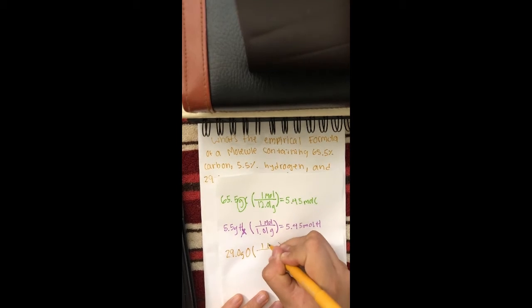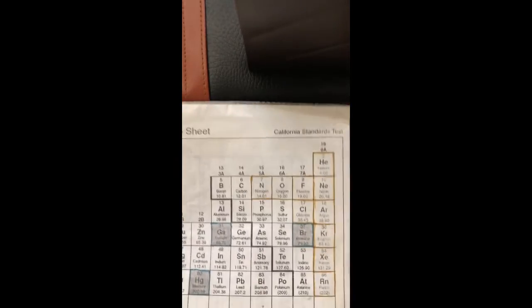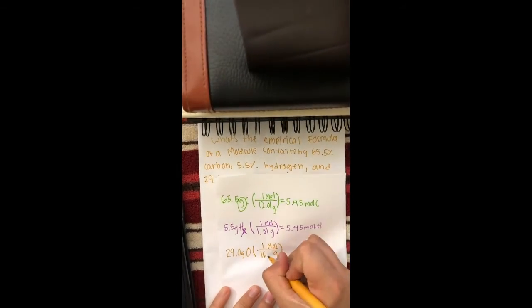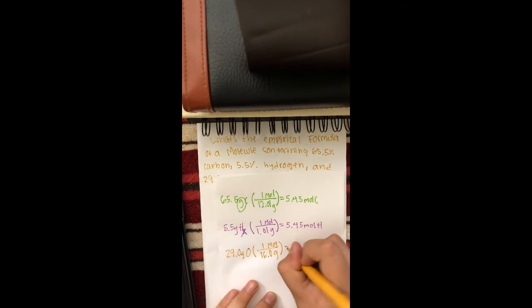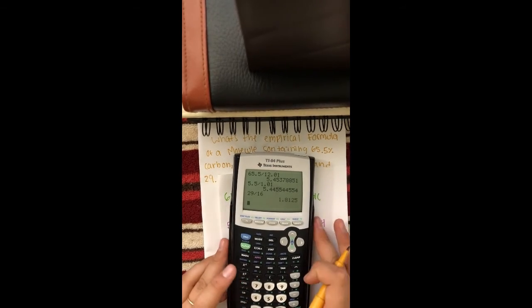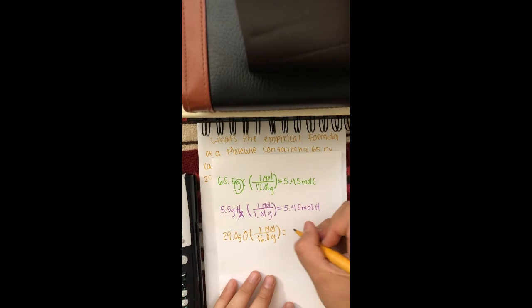So we have moles, trying to look for them. We're looking for the grams, and the grams for oxygen is 16. So I'll put 16 right here, and then we do the same. So 29 divided by 16 gives us 1.81.